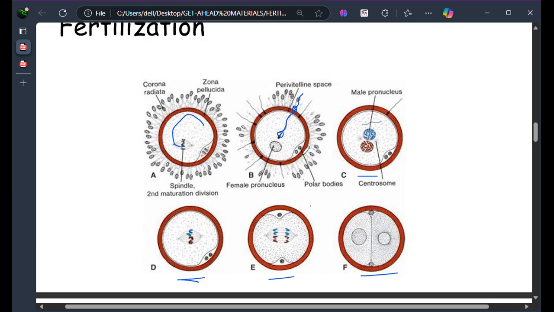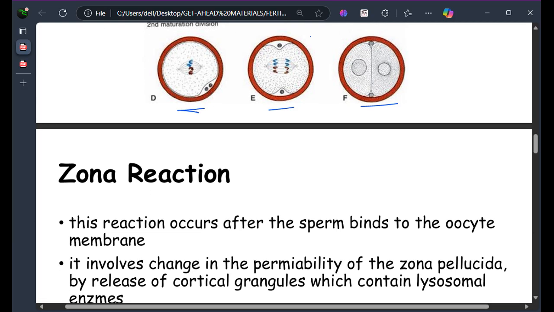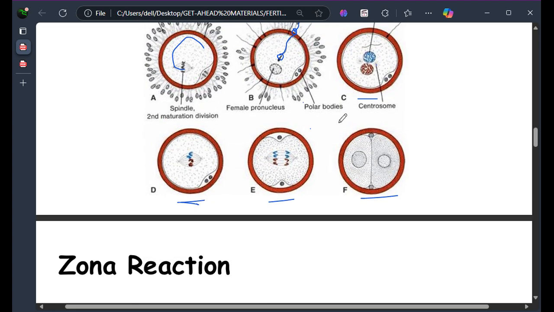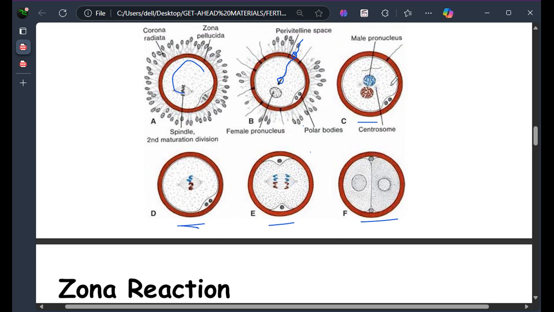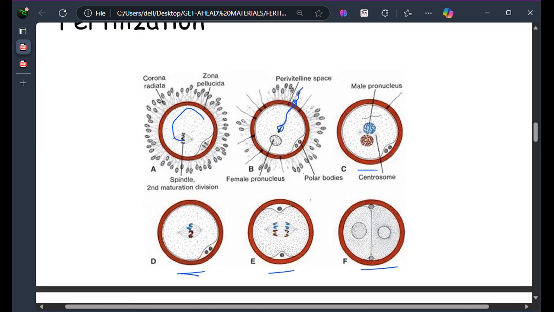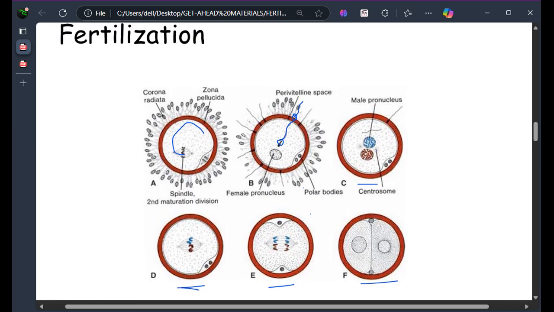As you can see from the mitotic figures, the polar bodies also finish their division, and then you're going to have two of them. As the zonal reaction happens, these polar bodies just degenerate, because they are not viable cells and they don't do anything.